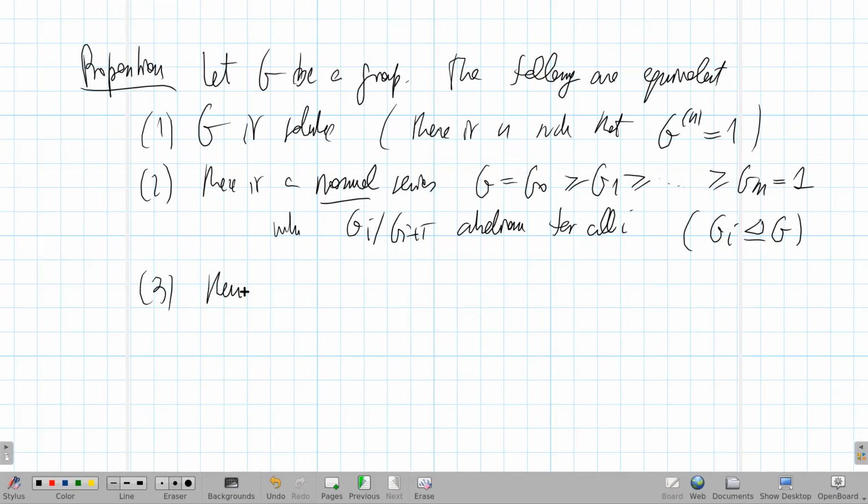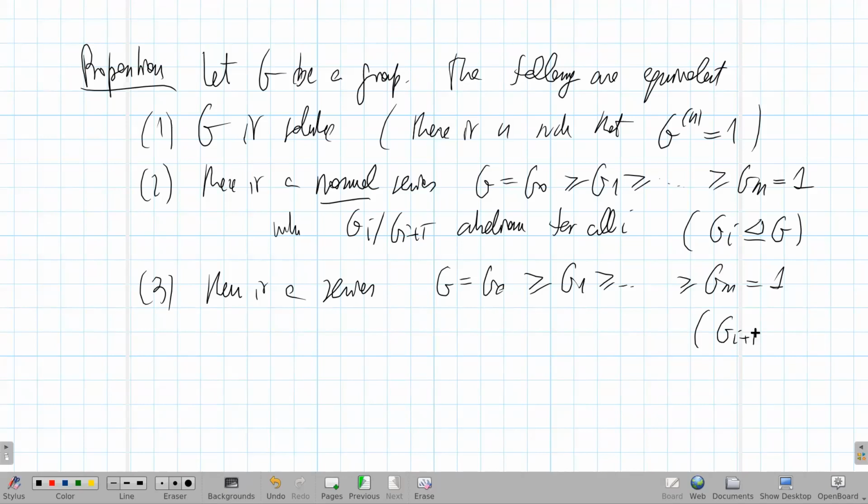The third is that there is a series, just a series, with the same property. Recall that when you have a series like this, each G i plus 1 is normal in the previous one.